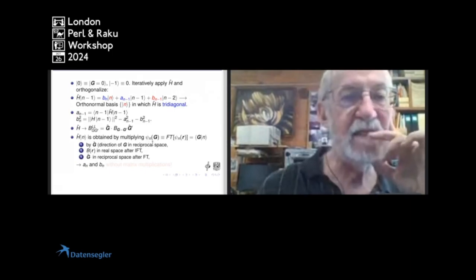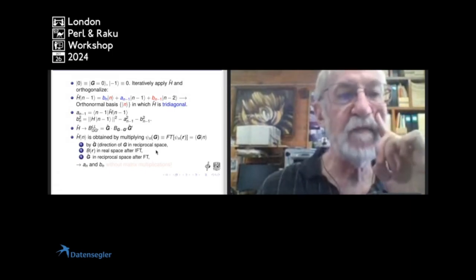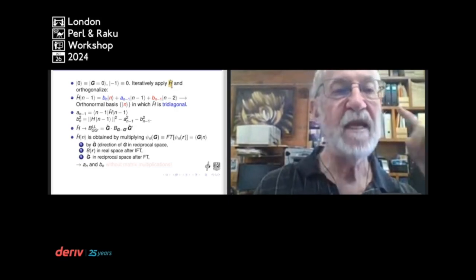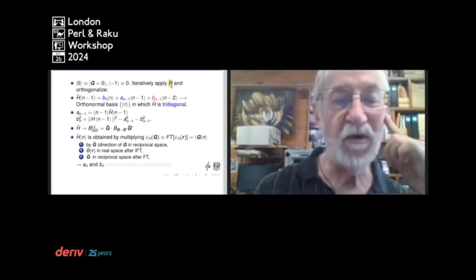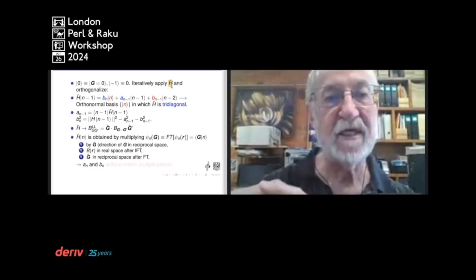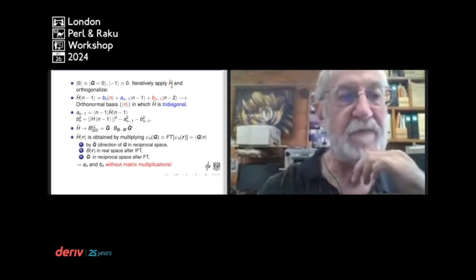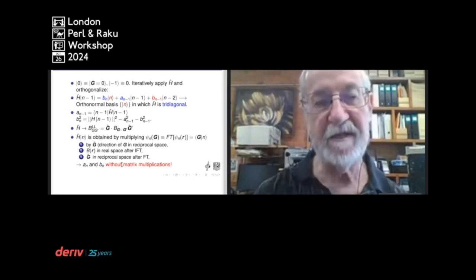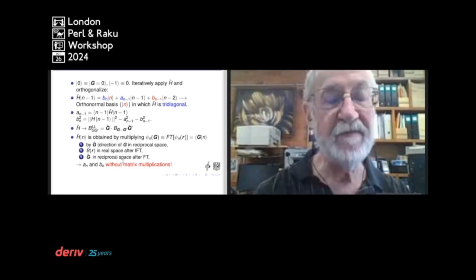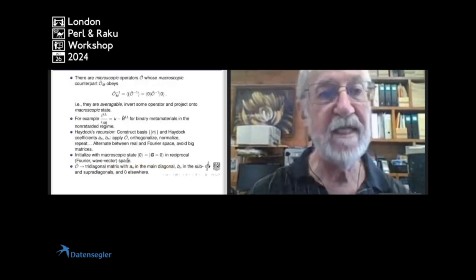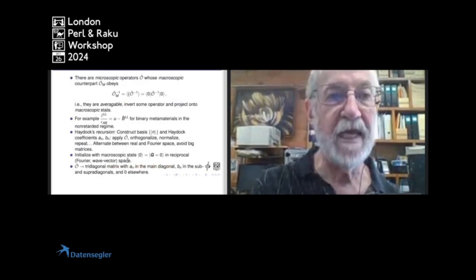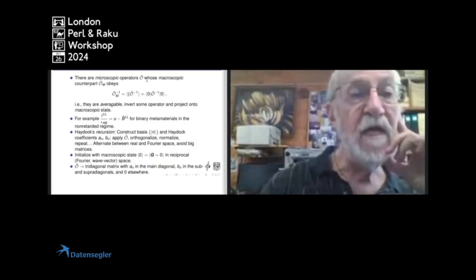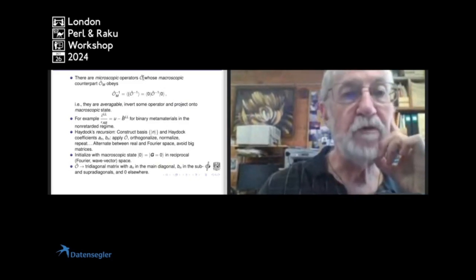And the idea is that these Haydock coefficients represent whatever my operator is. It becomes a tridiagonal operator, which has zeros mostly everywhere. And this can be obtained by going to Fourier space and back into real space. They can be done very efficiently without needing any matrix operation. So in summary, we have a microscopic operator.